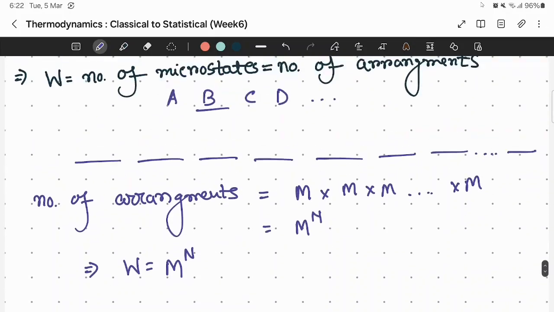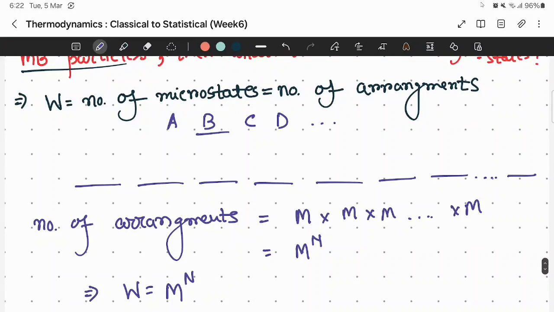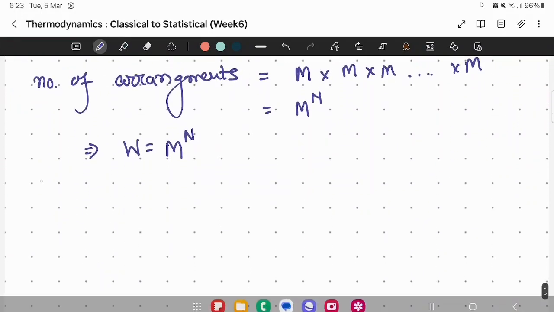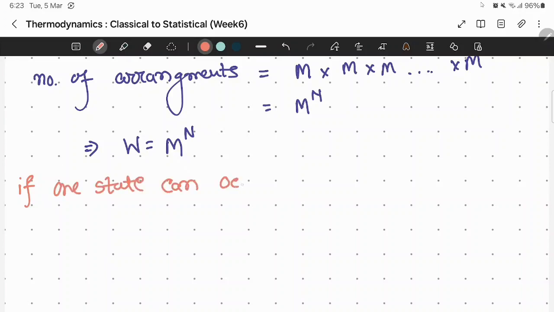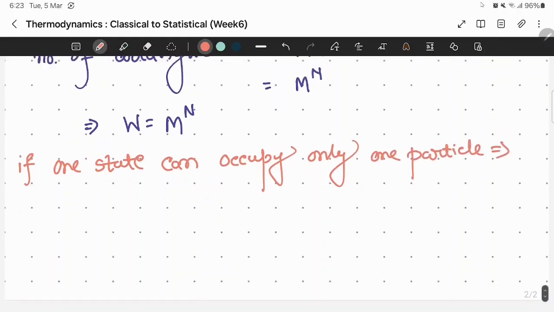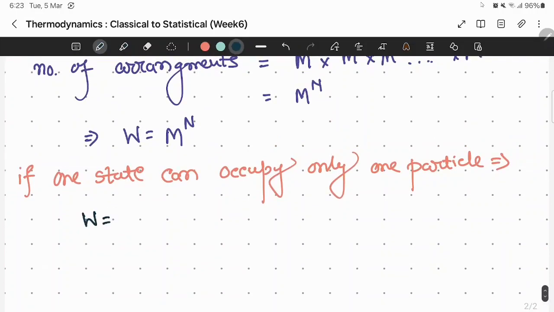Now the same thing, if only one particle is allowed in one state, then what will happen? Let's say one state can occupy only one particle, then what would be omega or W?